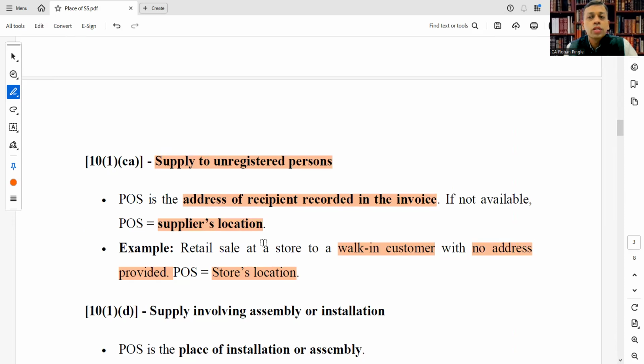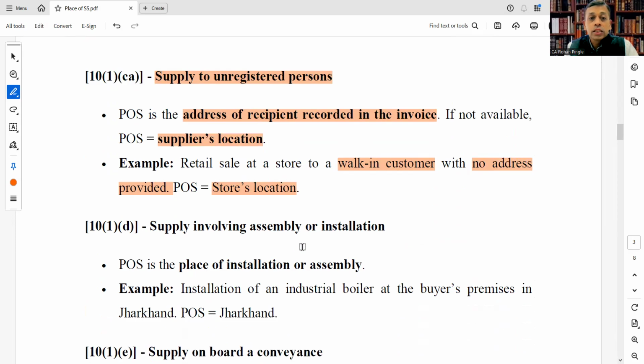So in the tax invoice, your address is not recorded. So place of supply will be the seller's location, that is, the store's location. As simple as that, I hope.